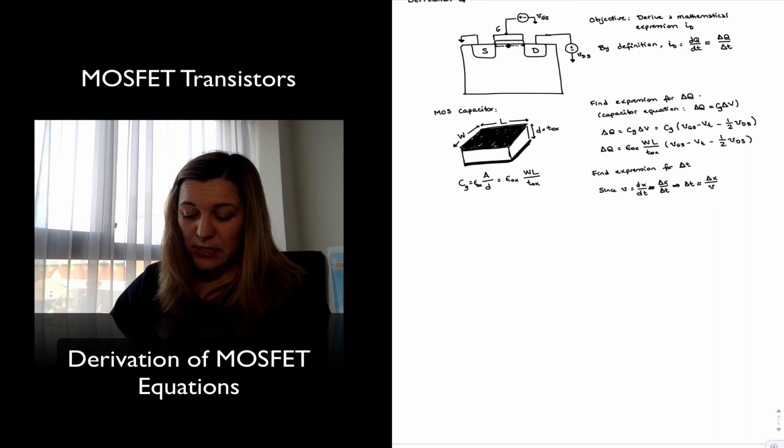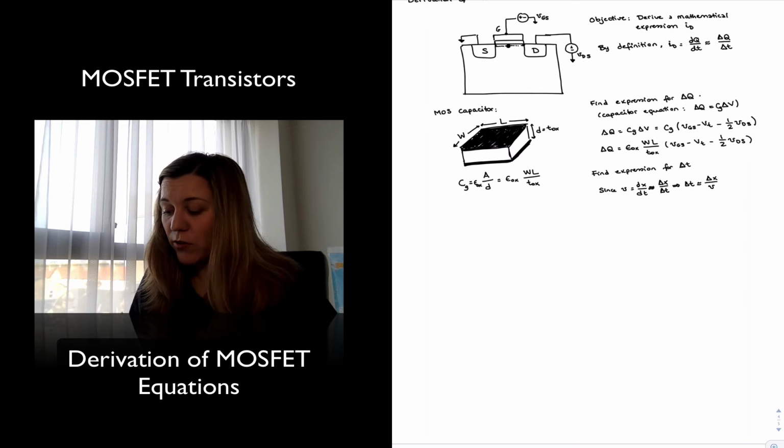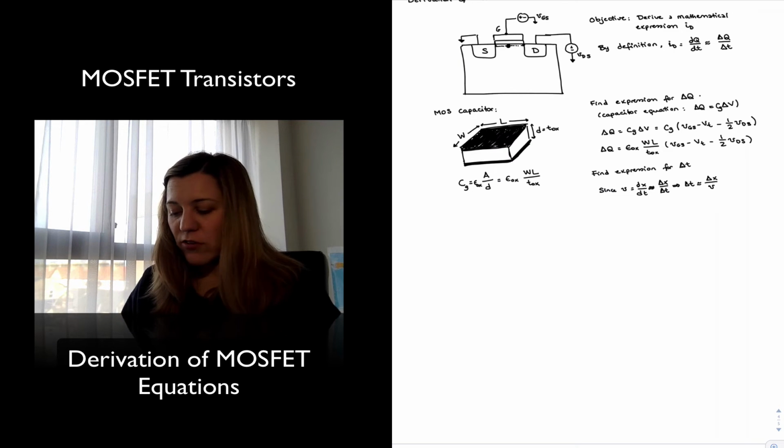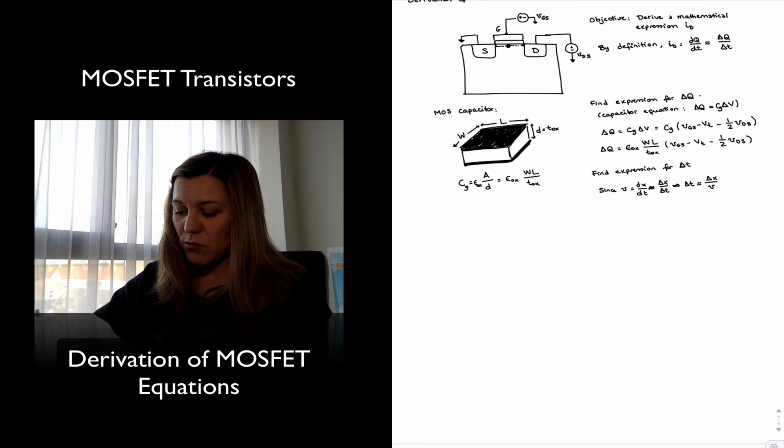Delta x, in this case, is going to be the length of the channel, because the electrons are moving from one end of the channel to the other. So that's the length that they traverse. And v will be the velocity of those mobile charges, which again is related to the electric field and the mobility of the particular type of charge.